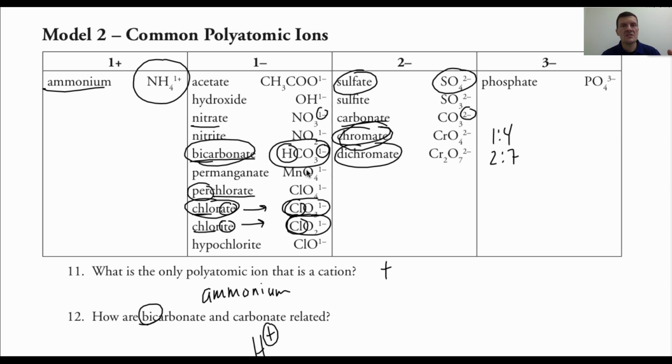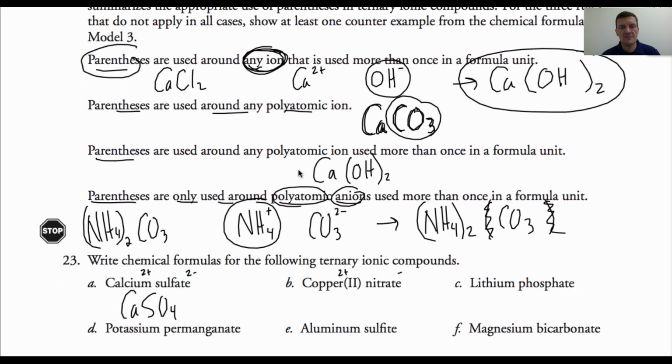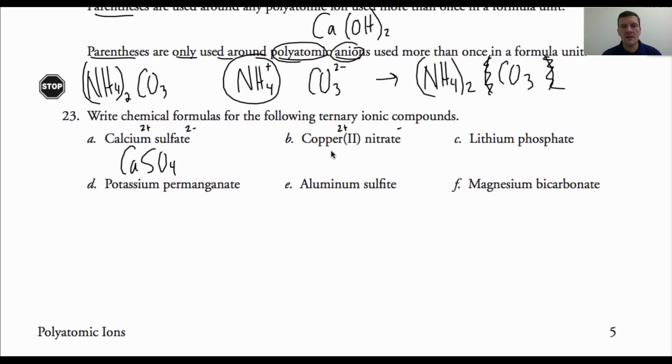And the more you use these, the more familiar you'll become with them, and pretty soon you'll have them memorized just by using them a lot. So I need 2 nitrates to match the 1 copper 2 plus. So this is going to be Cu, and then I have to put this in parentheses to keep the group together. Nitrate, NO3, and I need 2 of them. No charges on the compound.